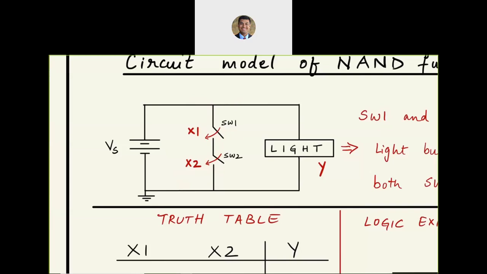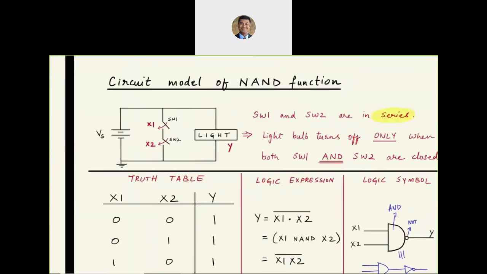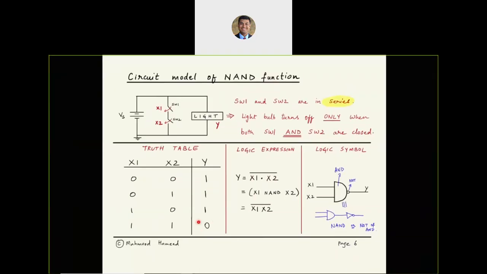So only when switches X1 and X2 are both closed or on, only then the current will flow through those switches and the light bulb will be off. So that's going to be our NAND function. We still have switches in series, just their location has changed.